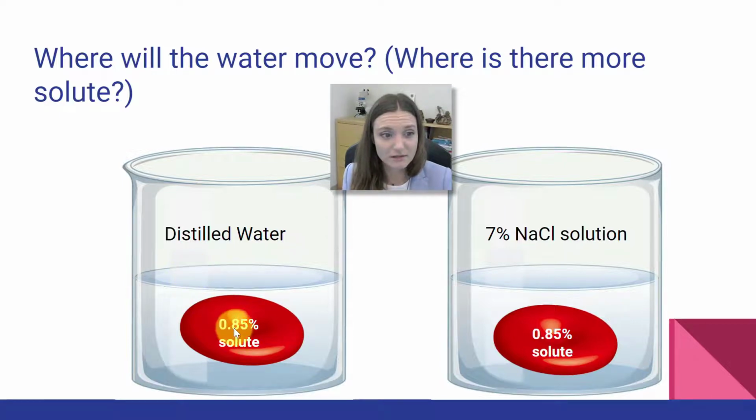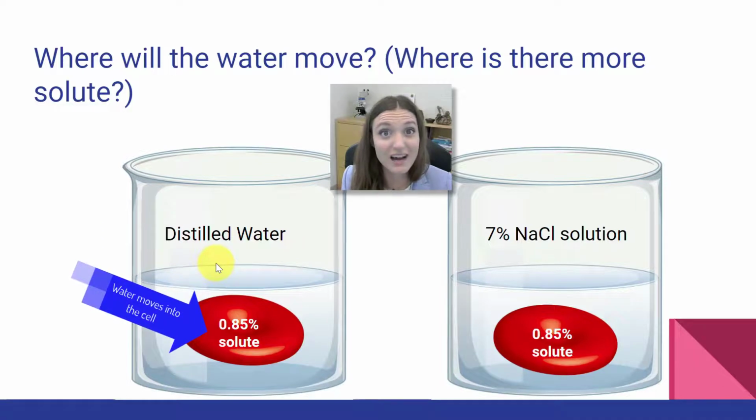Which solution, the cytoplasm of the cell or the water the cell is in, has more solute concentration? The cytoplasm, right? There's a higher solute concentration in the cytoplasm than there is in the water that the cell is in. So where does water move? Water moves to the higher solute concentration. Water will move into the cell.